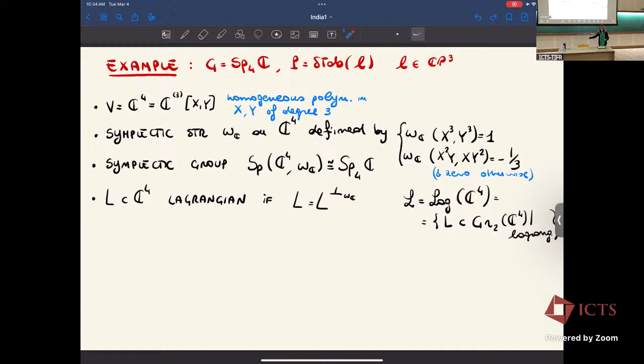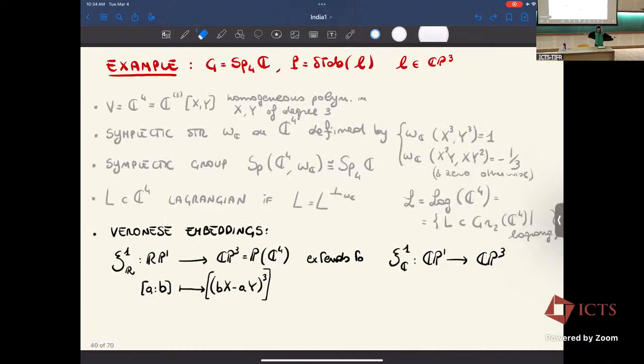These are Lagrangian: planes that are equal to their orthogonal with respect to the symplectic structure. We will have to go back and forth between CP3 and Lagrangians. And the Veronese embedding we can even describe very concretely in terms of these polynomials. So you have an embedding into CP3, but also into the Lagrangians. I didn't write it today. It will come up tomorrow.